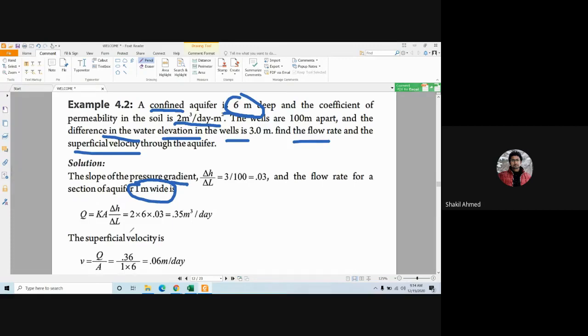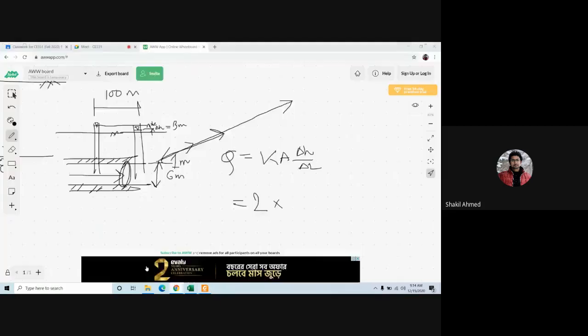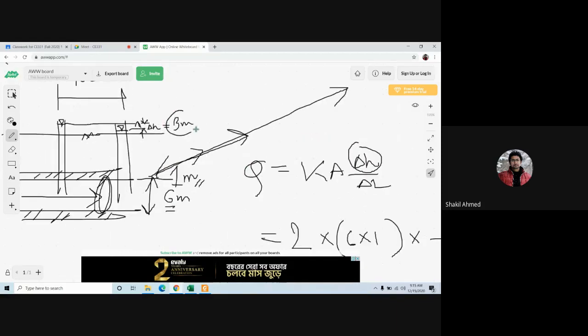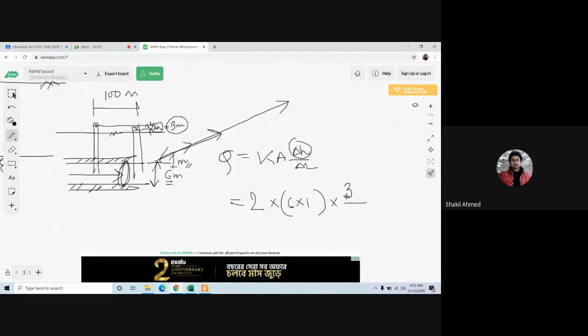The flow through the section is... And what is delta L?